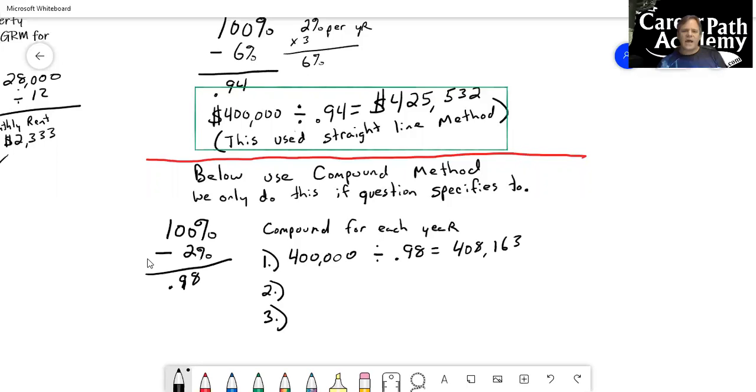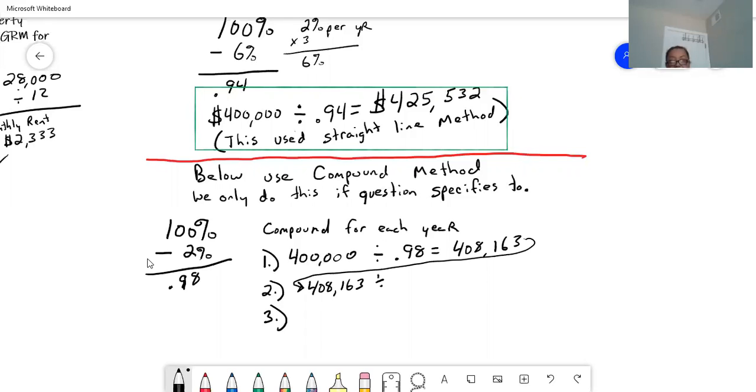Okay. So now we take that amount and we put it over here. So take this amount and go over here. 408,163 and change, divided again by 0.98.